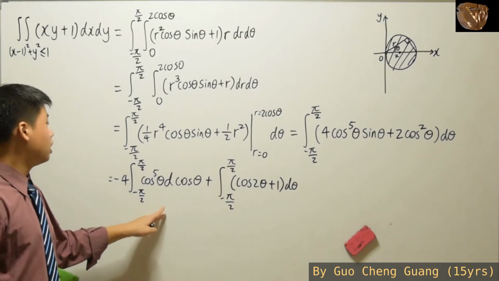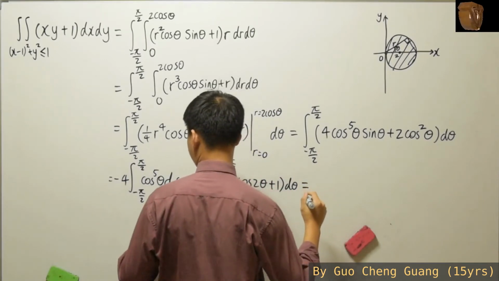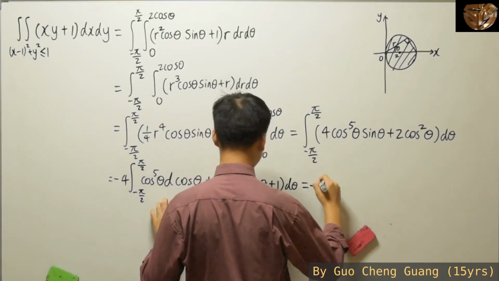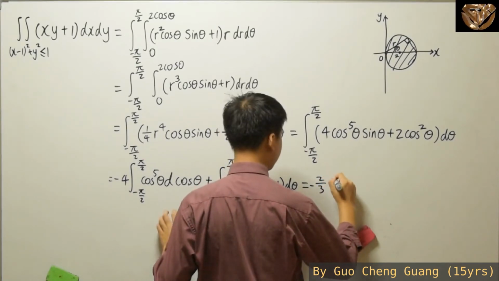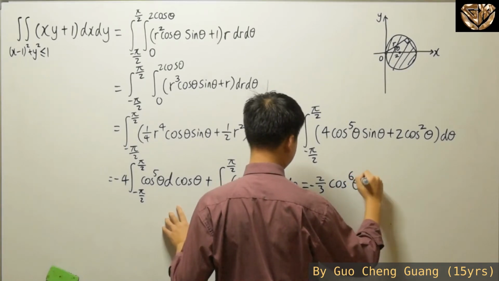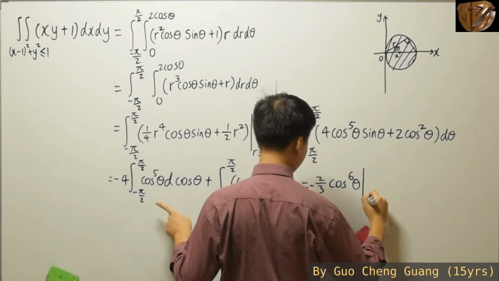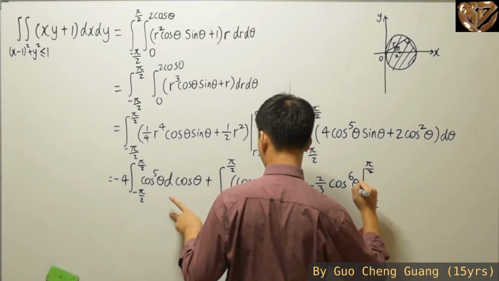Now the first term, we could pretty much calculate it already, which you would see negative, so 4 divided by 6 would be 2 over 3, and then cosine to the power of 6 theta, and you have to substitute theta equal to negative half pi and theta equal to half pi.